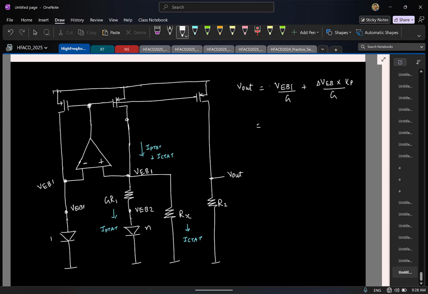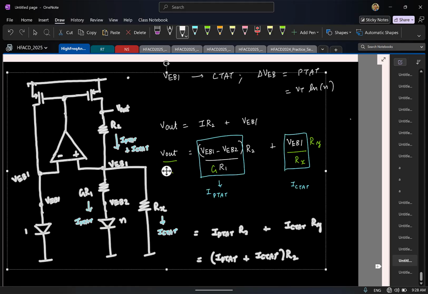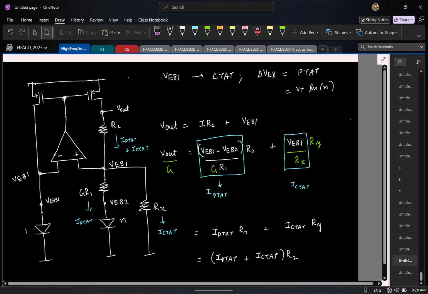Or if you are to write it clearly, let's write it completely. I copy paste this expression.